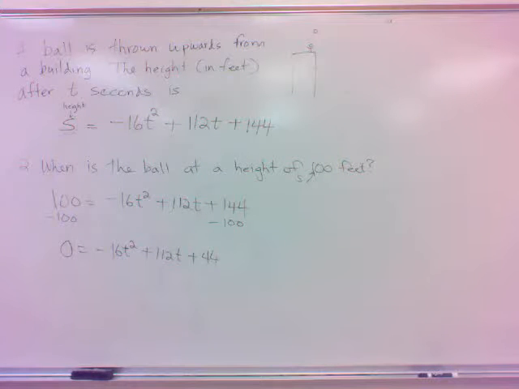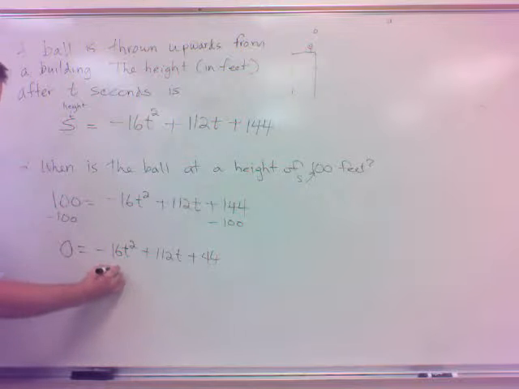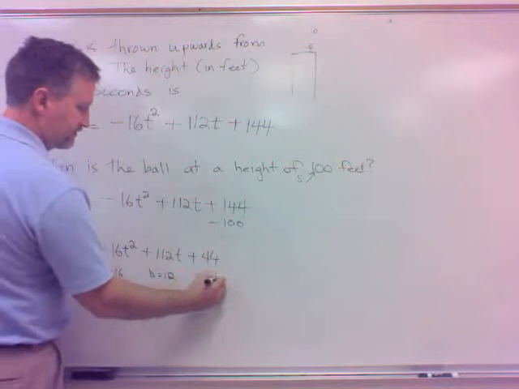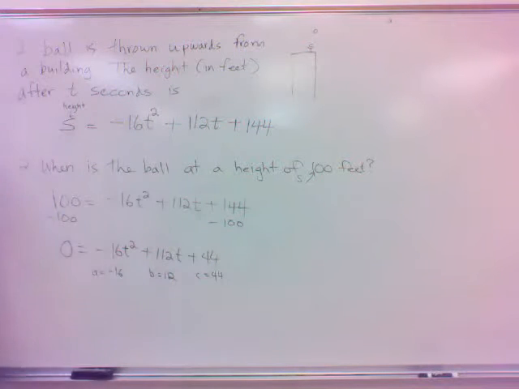Some of these possibly do factor, but a lot of times they won't. So let's just use the quadratic formula. A is going to be negative 16, B is going to be 112, C is going to be 44.